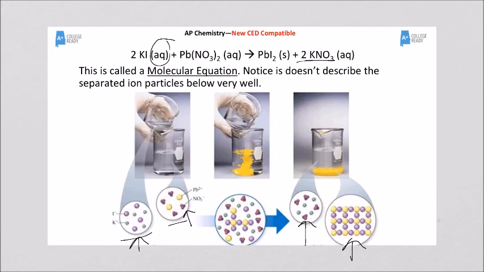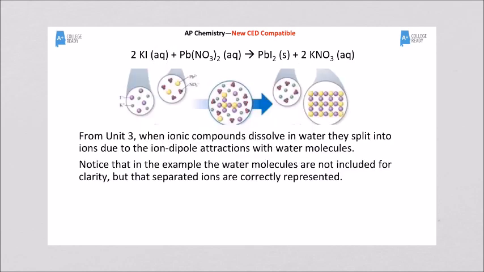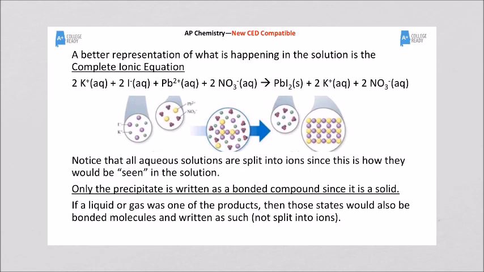It is separate ions as well. Why are these split up? Because remember, soluble ionic compounds form very strong ion dipole attractions with water. Water is not included here because it would be too complicated to look at. But when you see these split apart ions, that tells you that it is a solution.